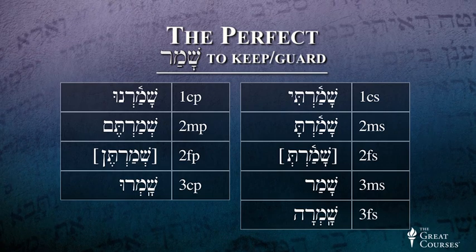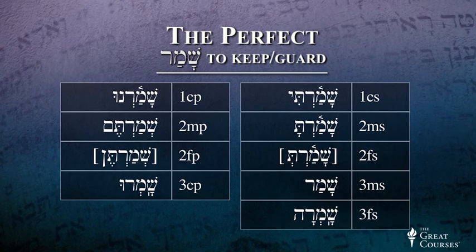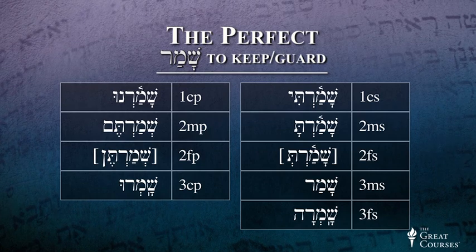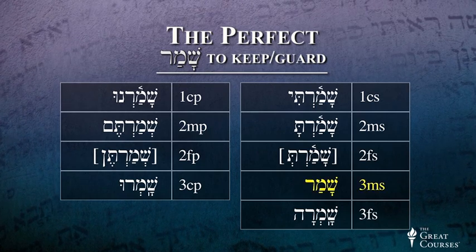To review the forms, that's the verb we originally learned with, so we'll notice where the gutturals differ. Once again, the brackets indicate that this exact word does not actually occur in the Bible. The perfect form always has an ending marking the PGN, the person, gender, and number of the verb, except in the third masculine singular.